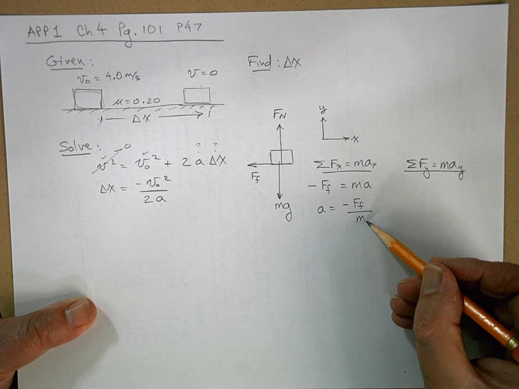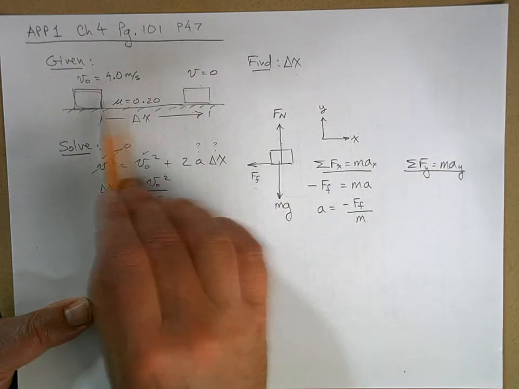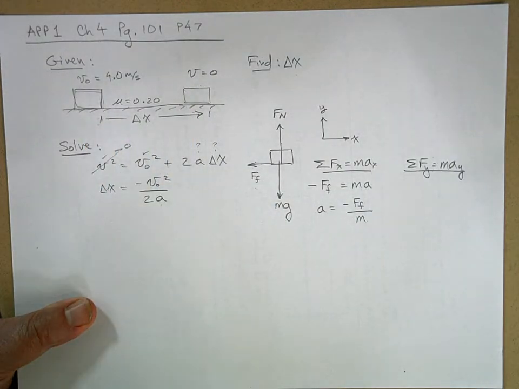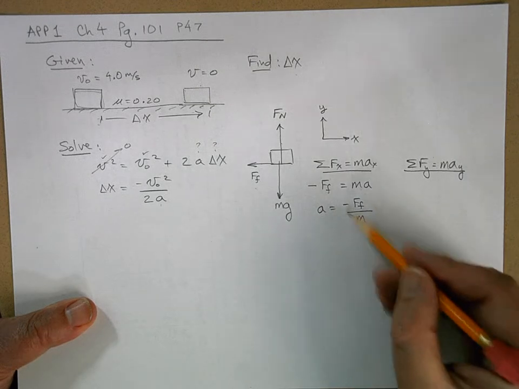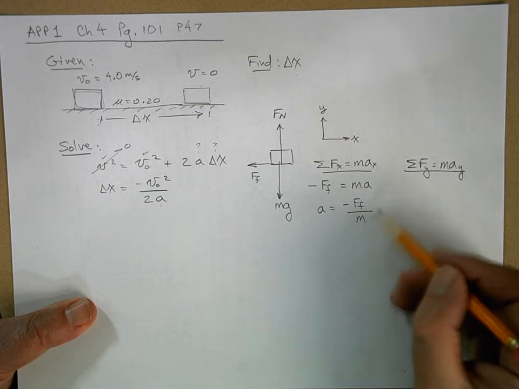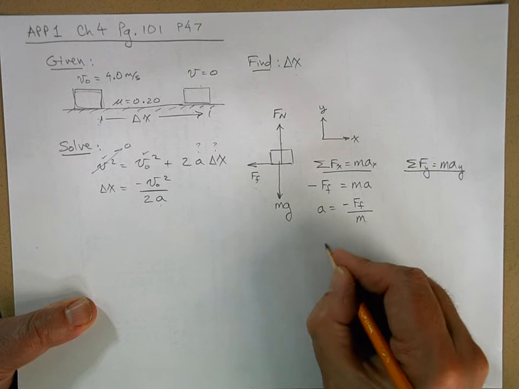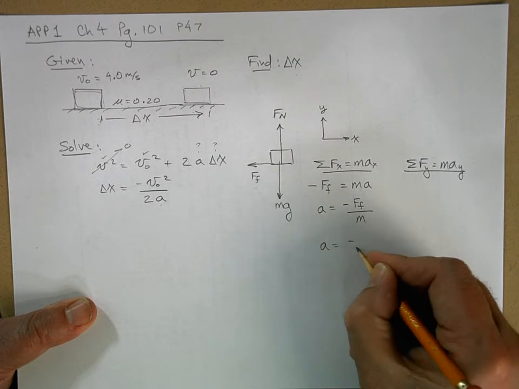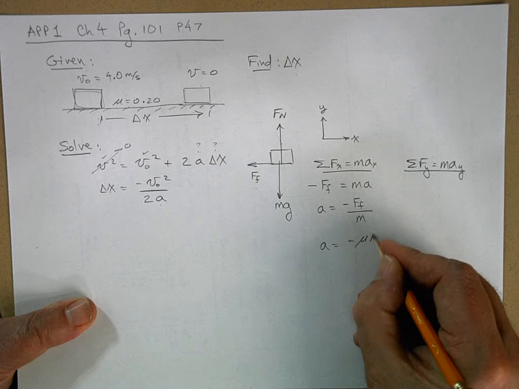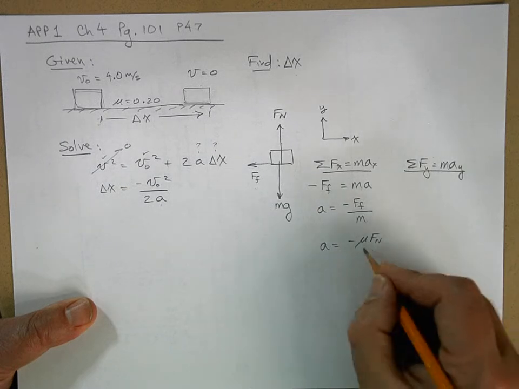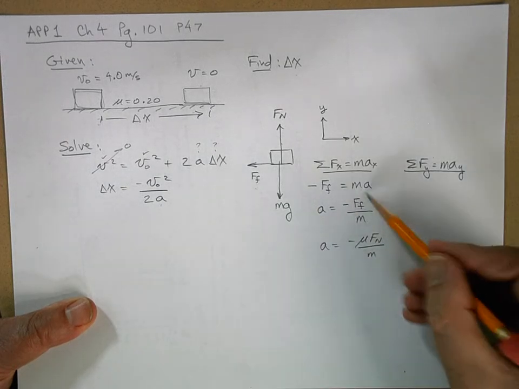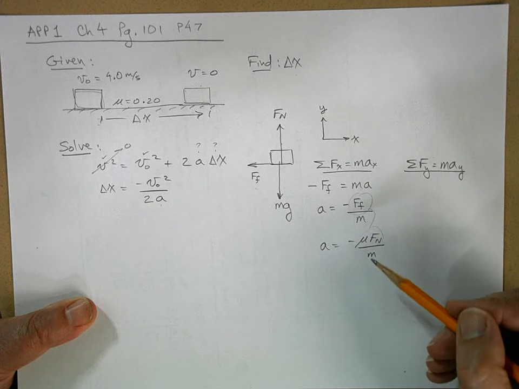Now, I don't know the mass. The mass was not given, but it's too early to panic because we know we can get an expression for force of friction. We know that the force of friction is equal to mu times the normal force, right? Force of friction is equal to mu times the normal force.